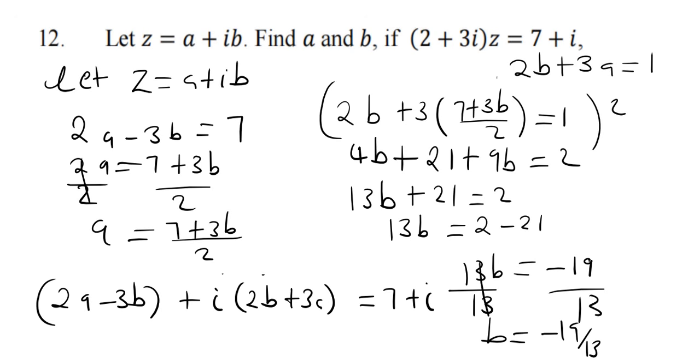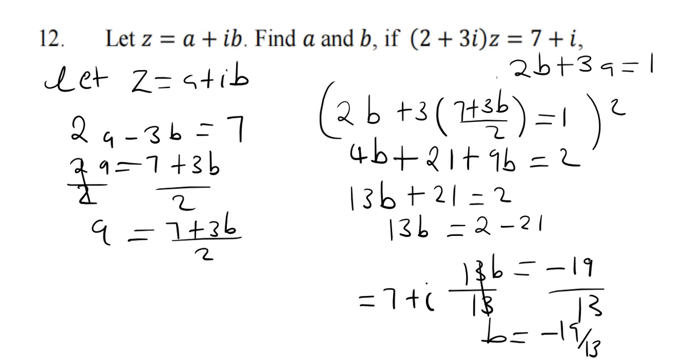So now how do I find a? Because we've been asked to find a and b. A equals 7 plus 3 times our b, which we found is negative 19 over 13, all over 2. Then from there we just solve.